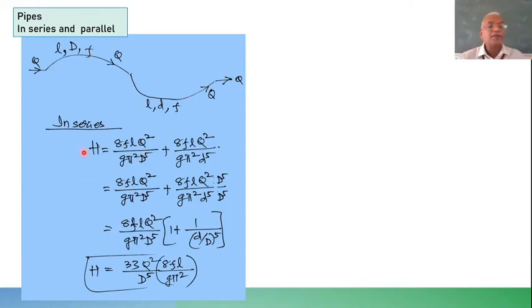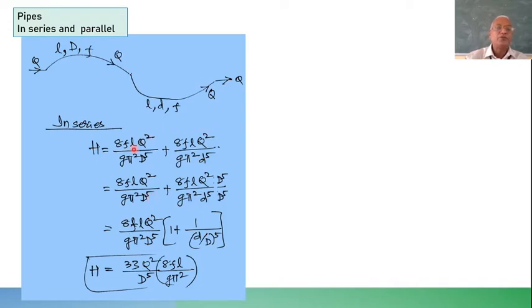So when pipes are in series, the head loss is capital H. If I write the equation for head loss in each of the branches, it is 8 f L Q squared divided by g pi squared D raised to 5, and for this branch 8 f L Q squared, everything is the same, g pi squared, d raised to 5.